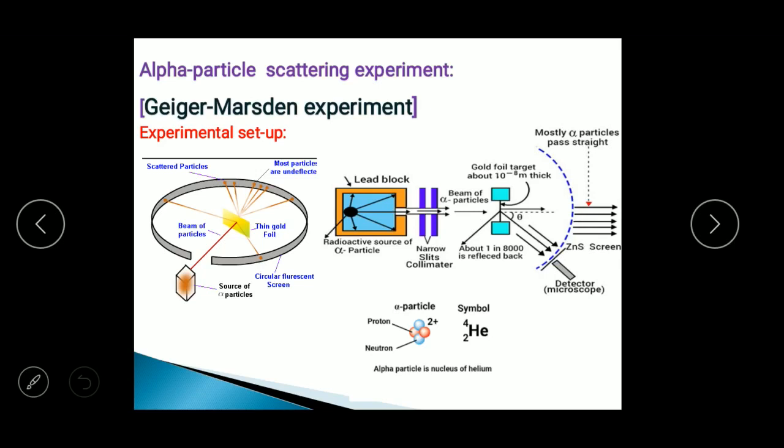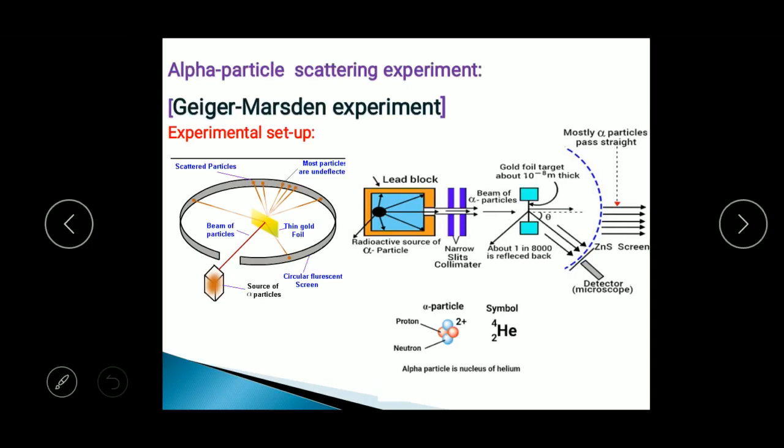These alpha particles are scattered in different directions, and the scattered alpha particles are observed with the help of the movable detector. So this is the experimental setup and how it works. Once again I will explain the arrangement here, then we will discuss the observations and conclusions of this experiment.